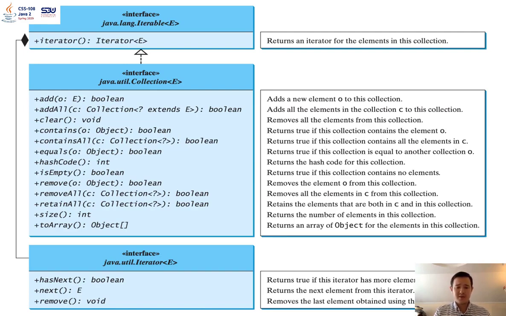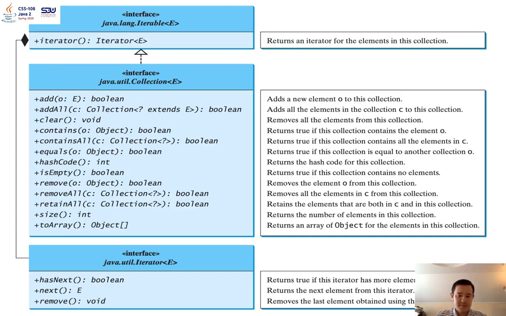Its return type is E. So if your collection contains strings, its return type is going to be String as well. remove removes the last element obtained using the next method. So if you call remove before calling next, there is going to be an exception. You always call remove after you call next, and you can't call remove on an empty collection because there are no elements to remove.